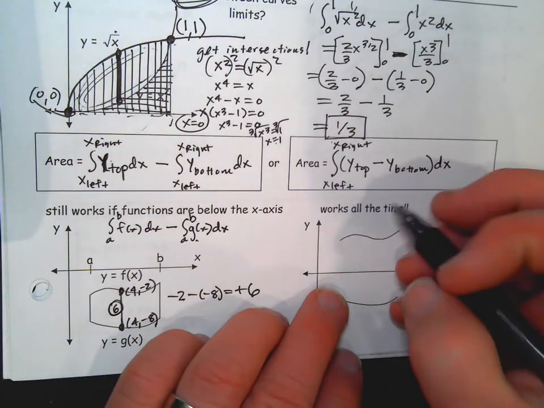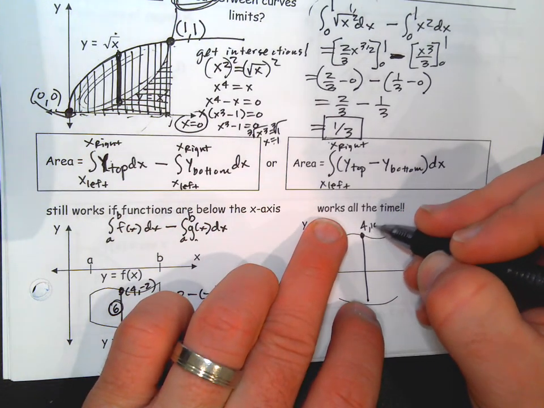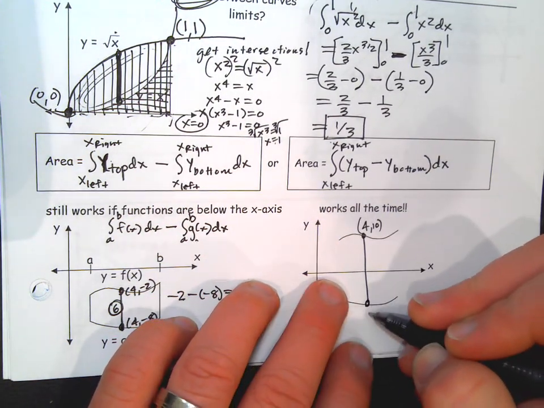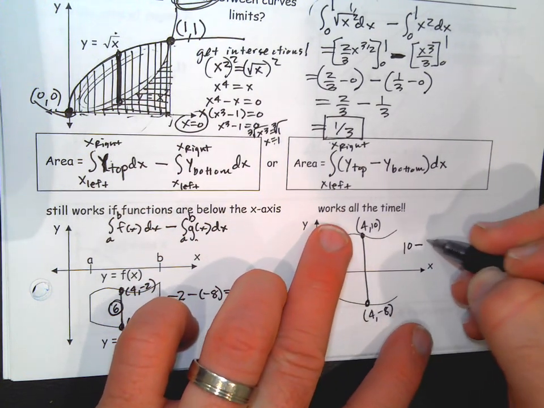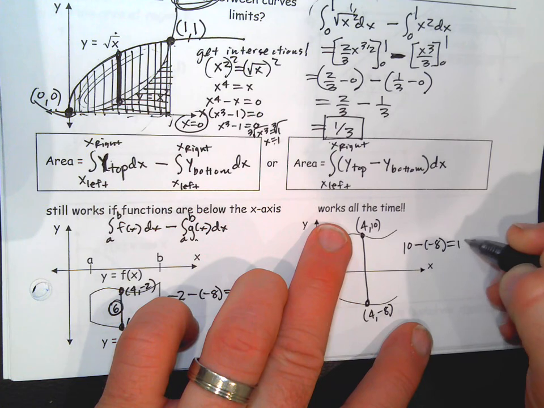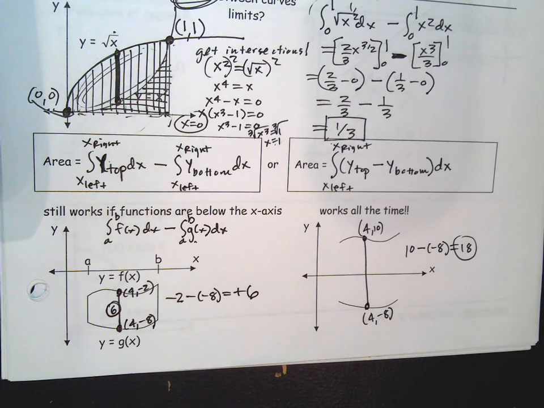Even if one's positive and one's negative, it's still going to work. I could illustrate it with a pair of points. If you do top minus bottom, you're always going to get a positive measurement, and your integral will come out positive. So this is our general technique. Top minus bottom. Y top minus y bottom.